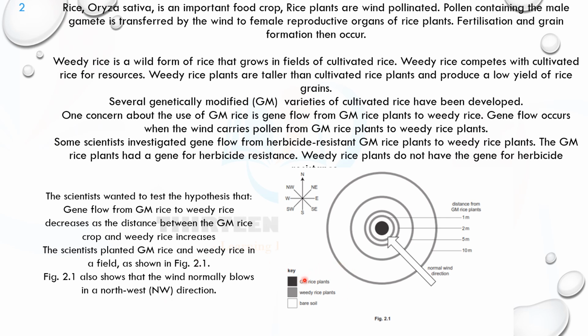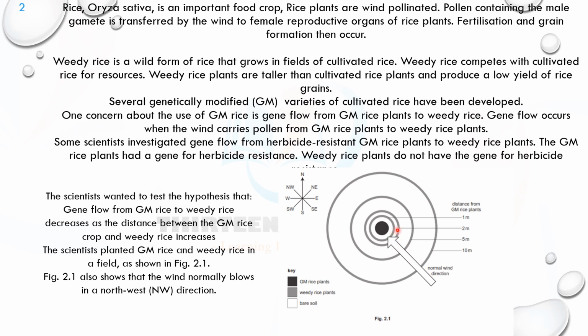This is a black GM plant. This is a weedy rice. This is a spacer. Okay, so this is GM. So you see that the weedy rice plants were planted at intervals. This is 1 meter from GM. The second one is 2 meters from GM. The third one is 5 meters from GM, and then 10 meters. Okay, this is the direction of wind in that place, the normal wind blow. Can you see that?